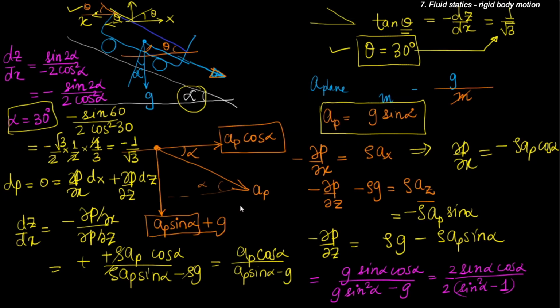While we did obtain an expression numerically, it is far easier to see that this result is actually more general. If we take a step back, we can just start modifying from this step. So this is sine 2 alpha by 2 cos square alpha.